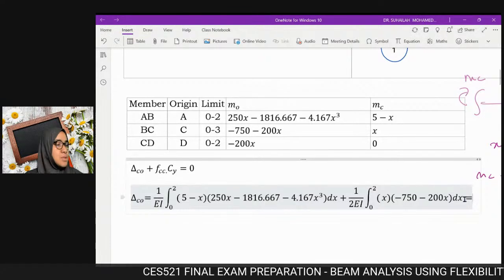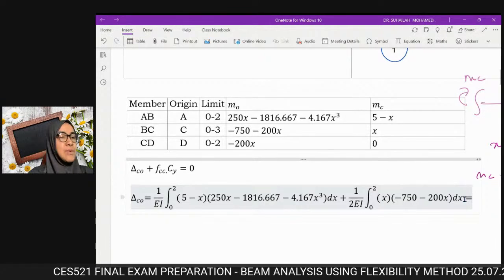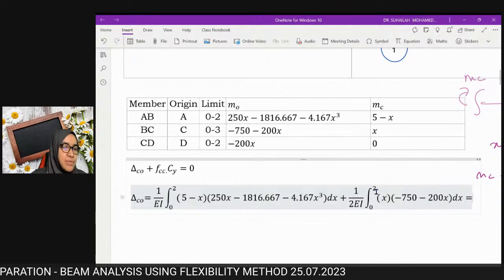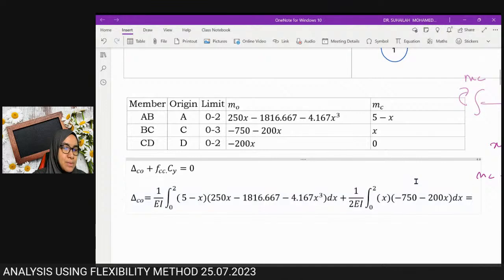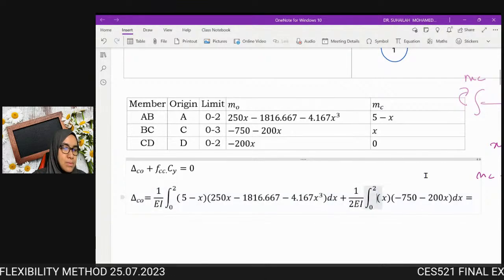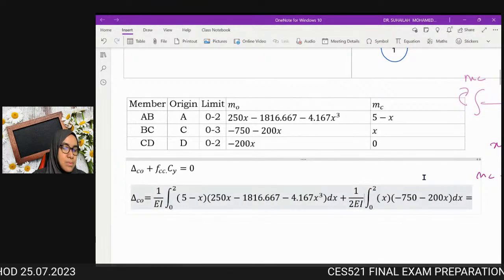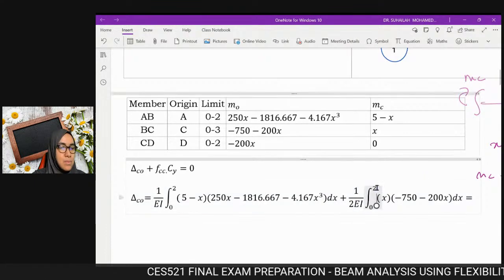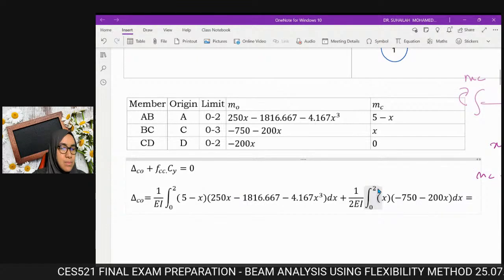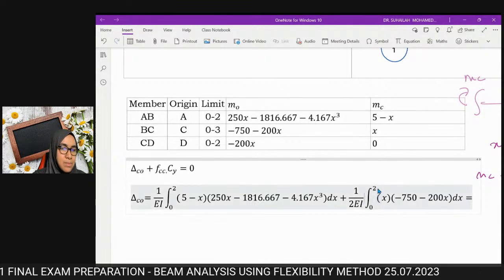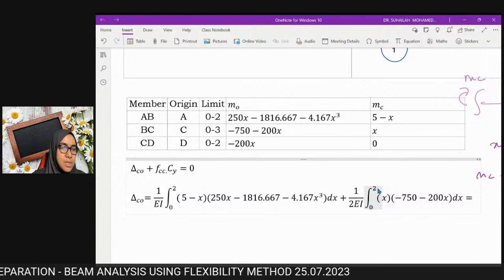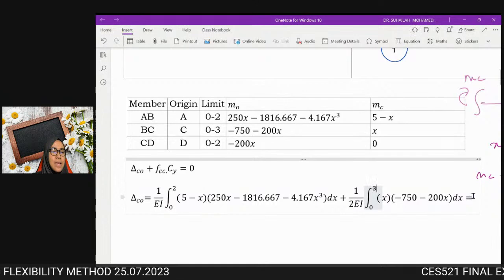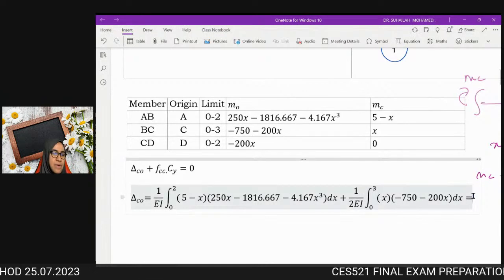So use a calculator and we determine the value. It is 0 to 3 for the second one. Should be 3.